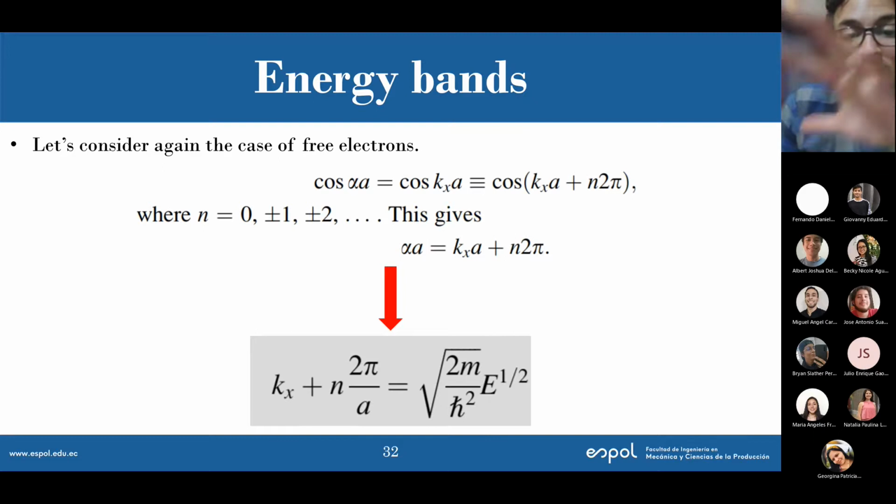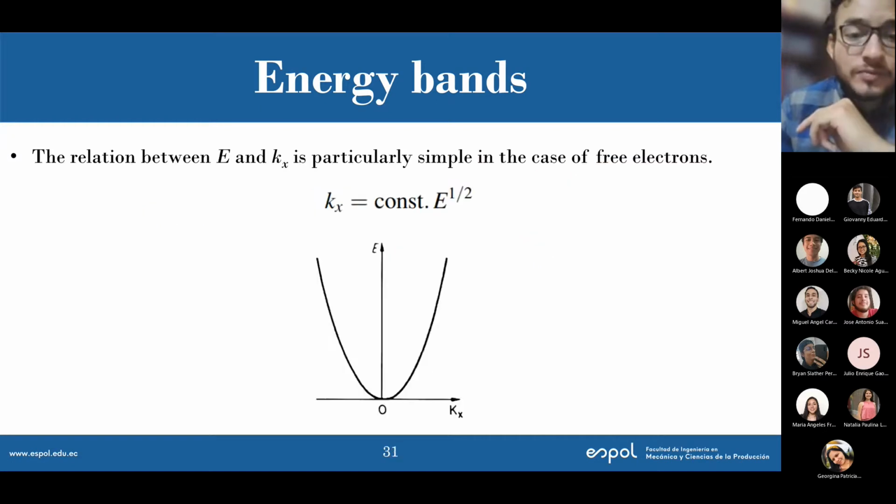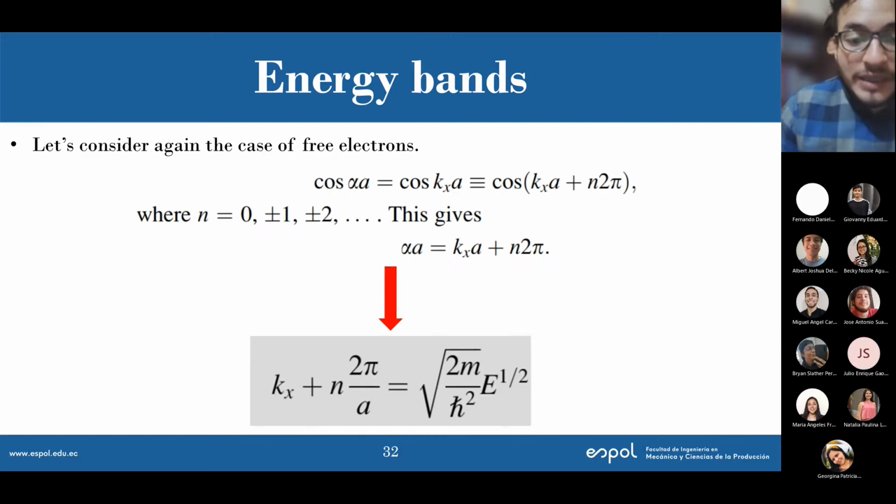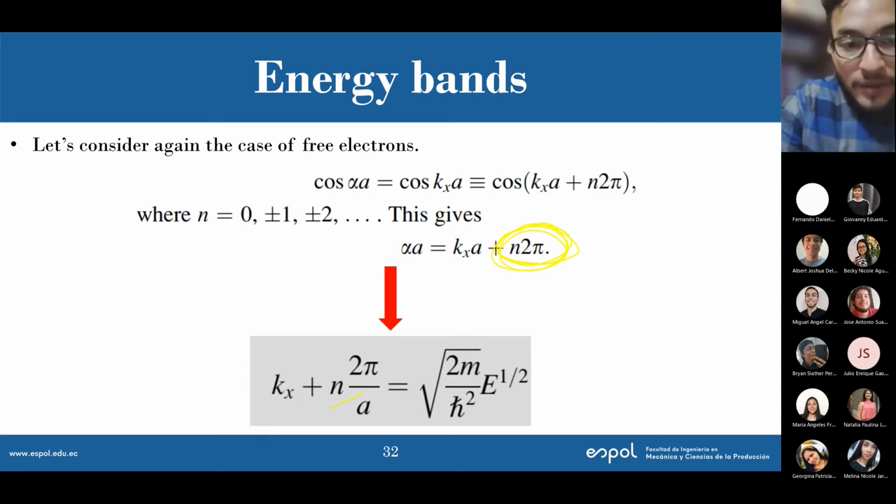See, this is how we started deriving this concept of energy bands. Okay, it's right here. So I'm not coming up with something new. This is something we saw last week, right? It's just the extended version. Remember, we defined this extra concept because of periodicity, right? This n 2 pi, remember?